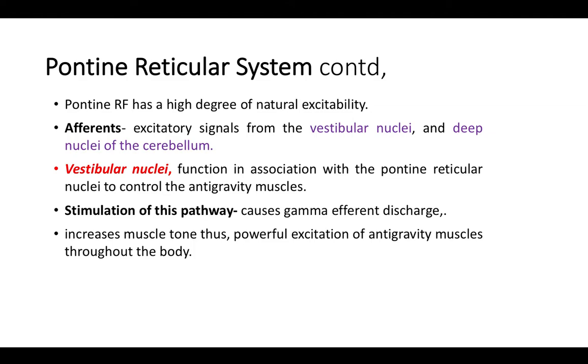Pontine reticular formation has a high degree of natural excitability. That means whenever a movement is to be done, the pontine reticular system needs to be activated in order to perform it smoothly by maintaining posture against gravity. So it has a natural excitability.